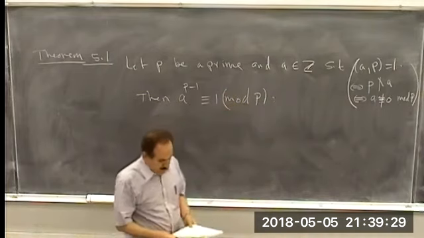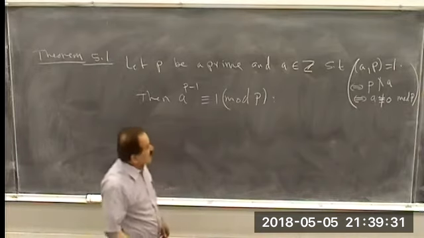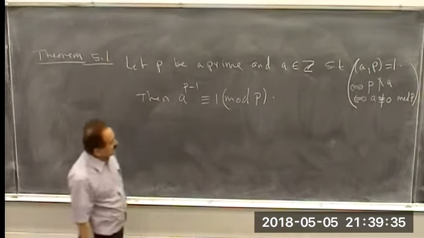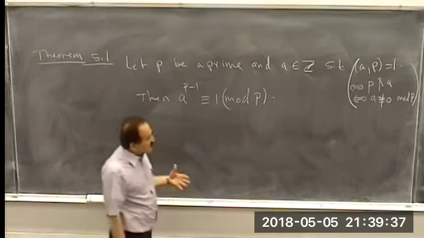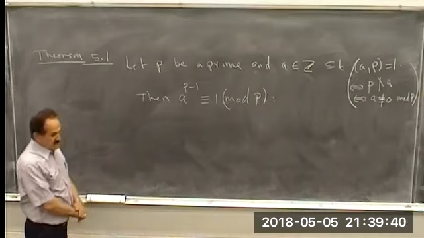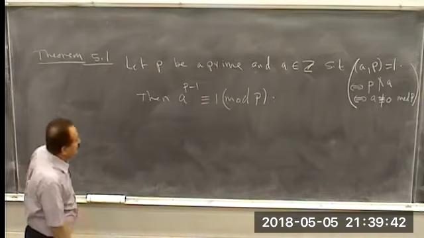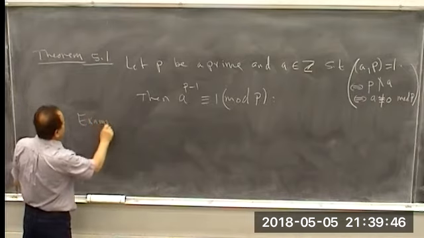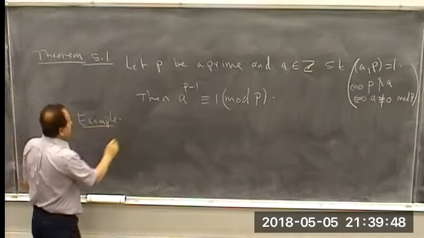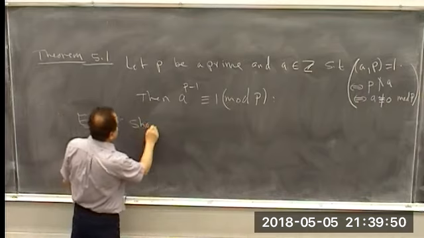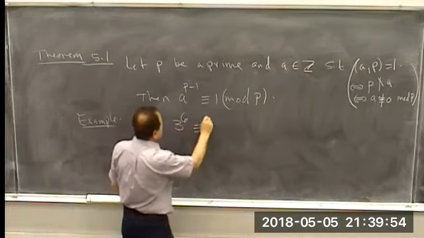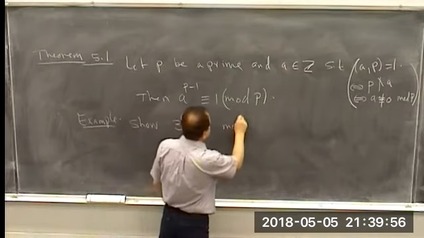All right? So before we give the general proof for this, I want to look at a special case, and the proof follows pretty much the special case, okay? So let's look at an example to illustrate. We want to show 3 to the power 6 is congruent to 1 mod 7.